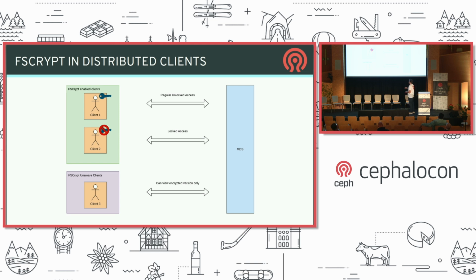Client 1, for instance, has the key set up, so it has regular unlocked access. Client 2 did not set up the key here, so it has everything that locked implies. And then I wanted to add here on the bottom, client 3, from the viewpoint of the PR that we've been working on. The client doesn't have any notion of how to add a key, how to remove it, locked and unlocked, but there's various things that are blocked at this point in time. That's an improvement from the alternative.